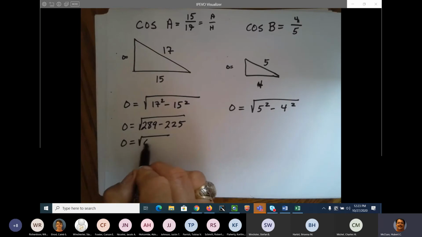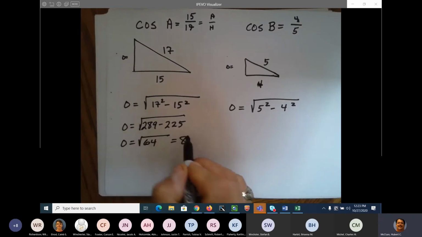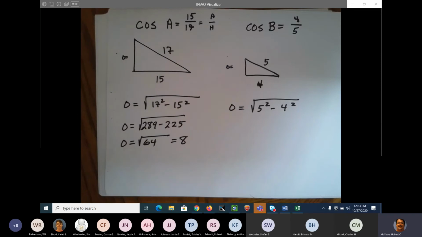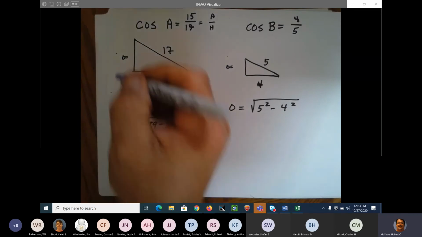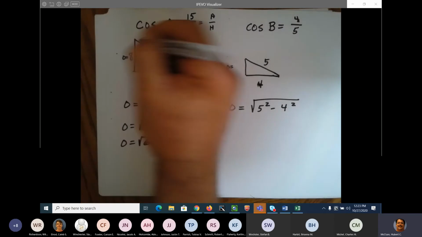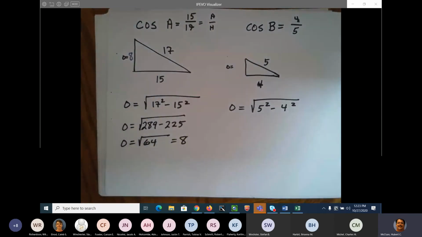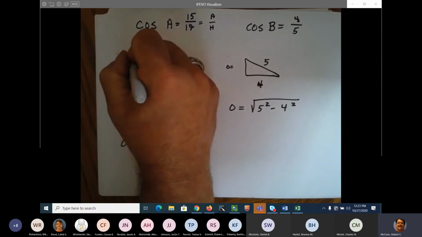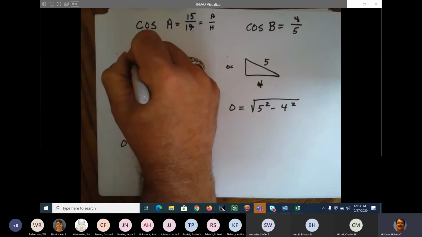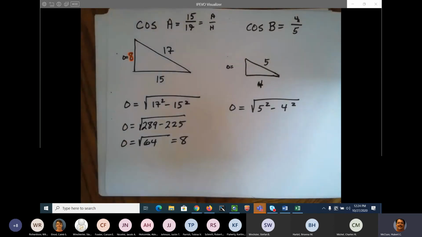Opposite is equal to the square root of 64, which is equal to 8. We're going to take our handy dandy purple and put an 8 right there. You can't even tell it. I'm going to color that orange. There we go. So that one's 8.